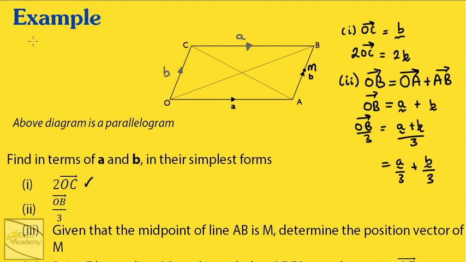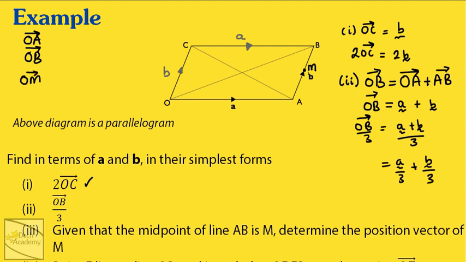To determine the position vector of any point, for point A, the position vector of point A is the vector OA. You start from this reference point, the origin, and you go to A and you work out the vector. The position vector of point B is the vector OB, which we've worked out here. So for M, the position vector of M is the vector OM.